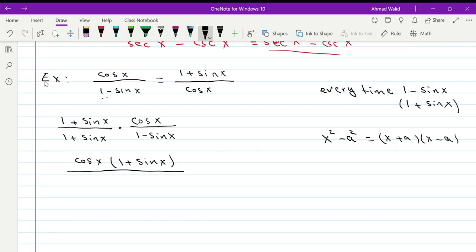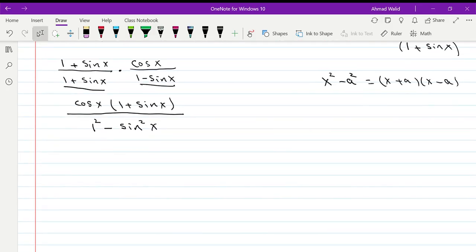Do you see that? The denominator is x plus a, x minus a. Then instead you can write the square of the first, which is 1 square, minus the square of the second, which is sine squared x. 1 square is always 1, right? What is 1 minus sine square? You can replace 1 minus sine square with cosine squared x, right?